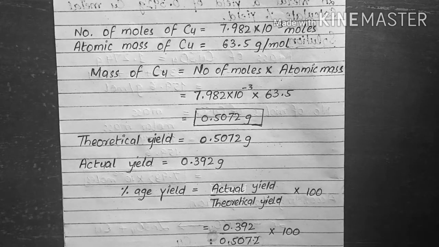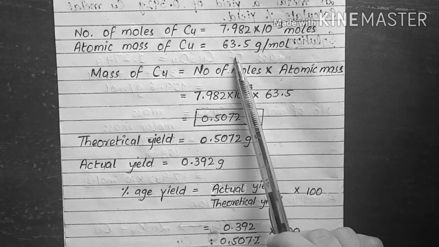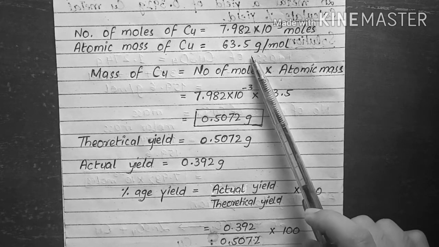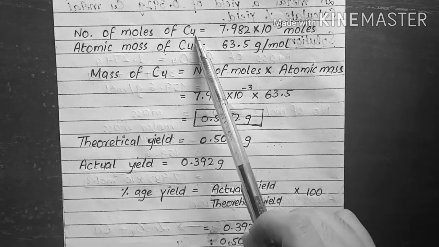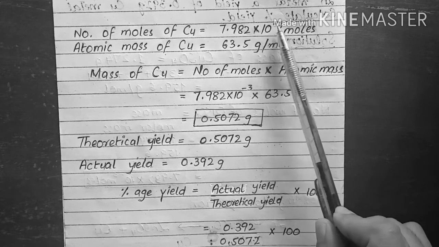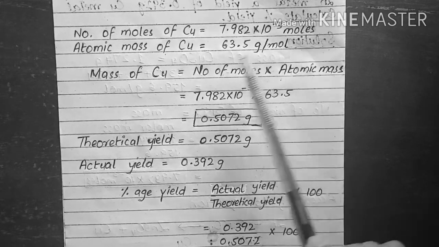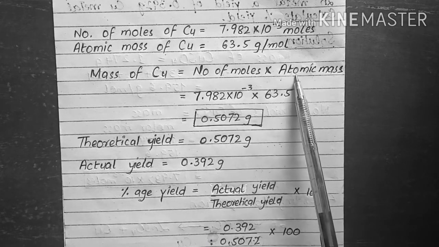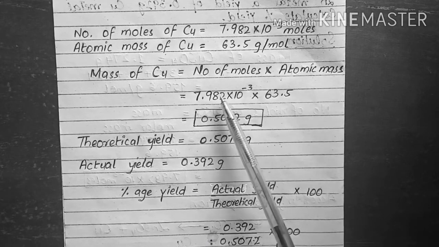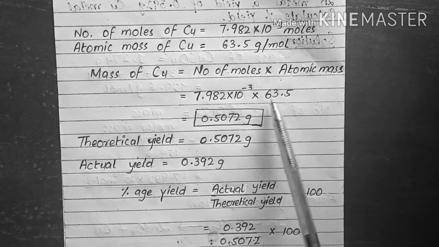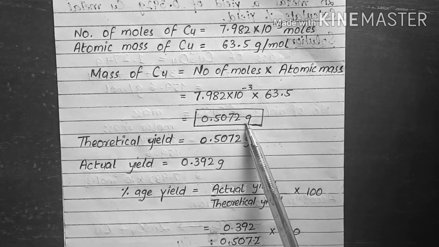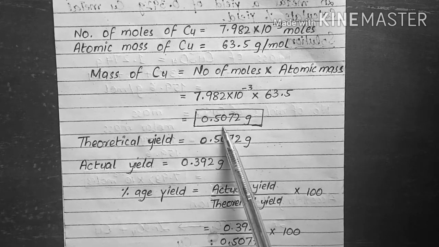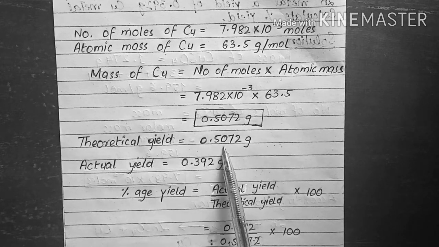We take the atomic mass of copper, which is 63.5 grams per mole, obtained from the periodic table. The number of moles, as we calculated on the previous page, is 7.982 × 10^-3 moles. We calculate the mass of copper by multiplying the number of moles by its atomic mass, and we get 0.5072 grams of copper. This value is basically our theoretical yield.